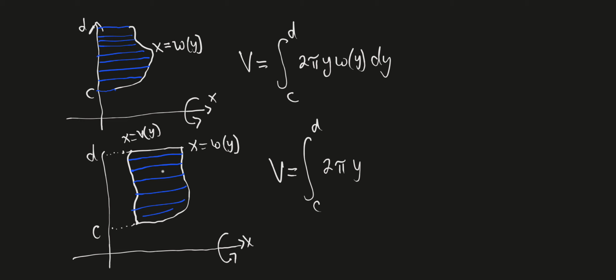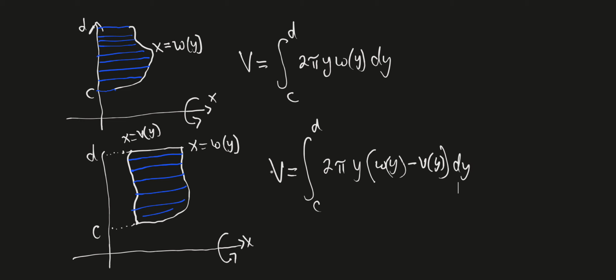But the height of the shell is the difference between the larger x function and the smaller one. So we have the quantity w of y minus v of y, and then that integral is with respect to y, right?